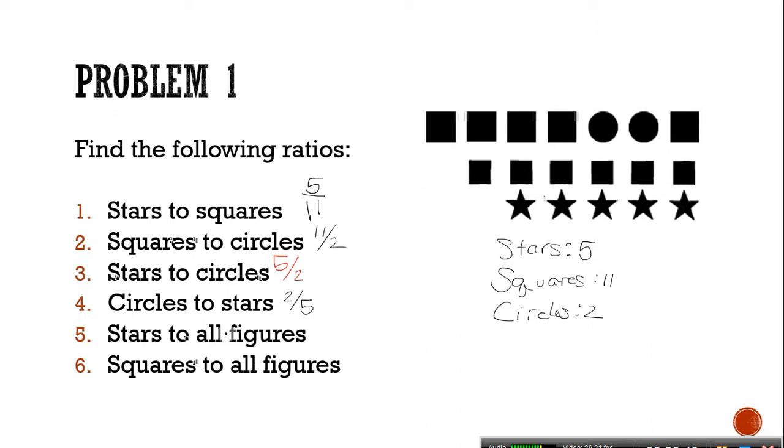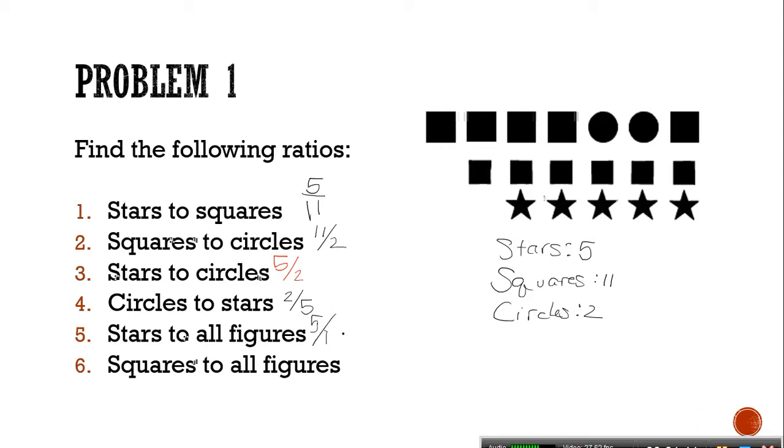Now they want stars to all figures. I know that there's 5 stars, and they want to know how that compares to all figures. All figures means every single one of these figures added up. So I got 1, 2, 3, 4, 5, 6, 7, 8, 9, 10, 11, 12, 13, 14, 15, 16, 17, 18, it looks like.